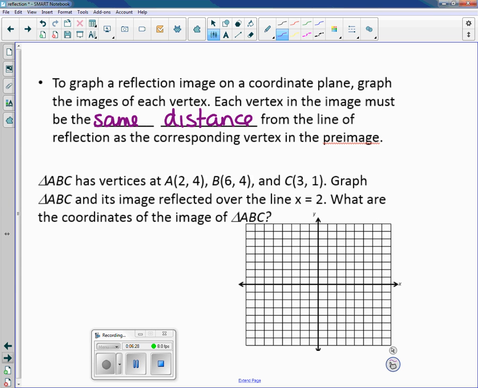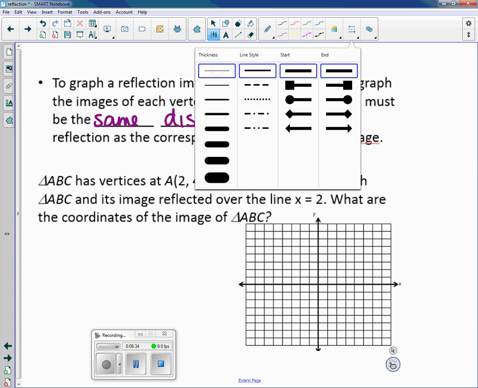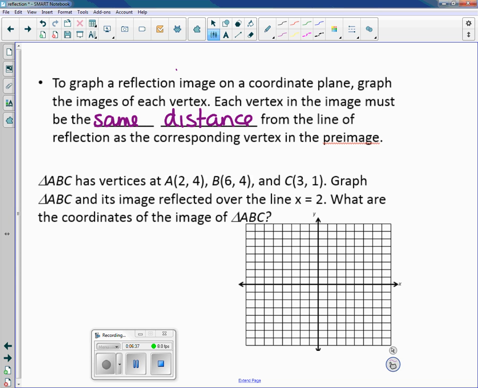So, let's look at this one. We are going to graph these points, A, B, and C. A is at 2, 4. B is at 6, 4.